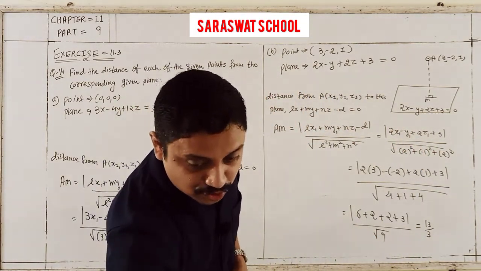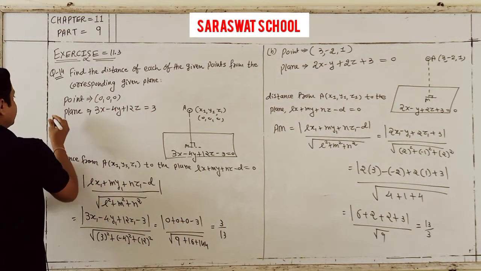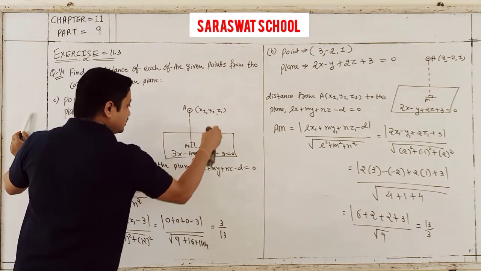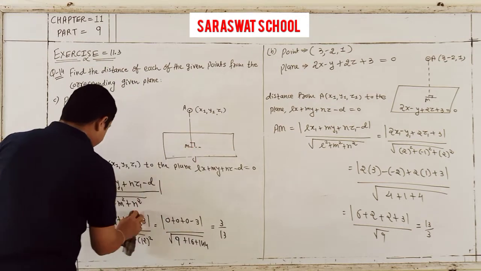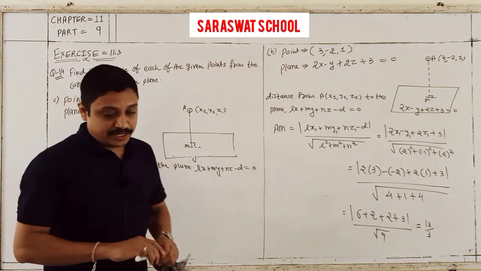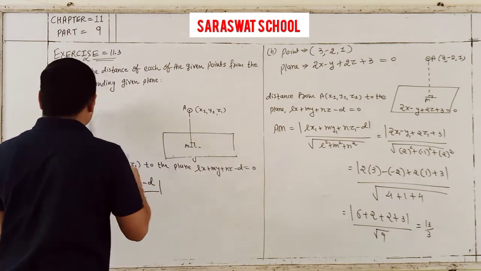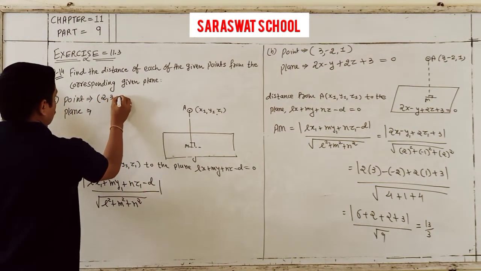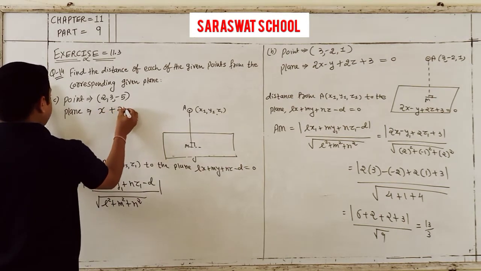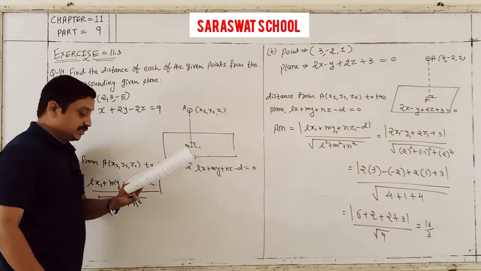Now students, continue with question number three. There are a total of 4 questions given. In part C, the point and plane are different, only this I change. The statement is the same. Our point is 2, 3, minus 5, and the plane I have is x plus 2y minus 2z equal to 9.